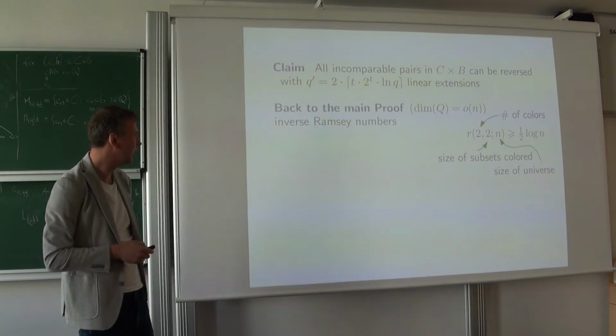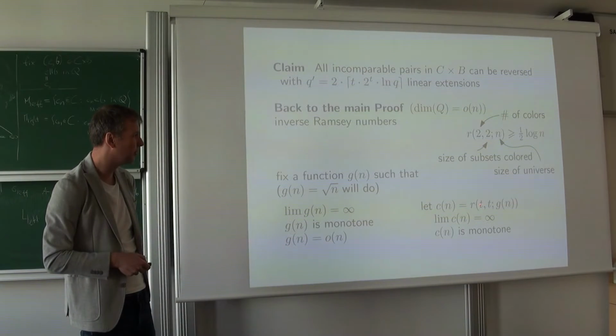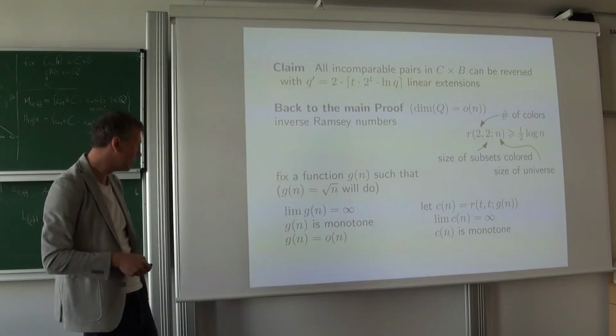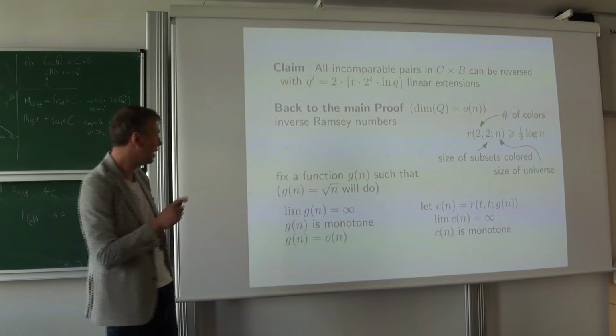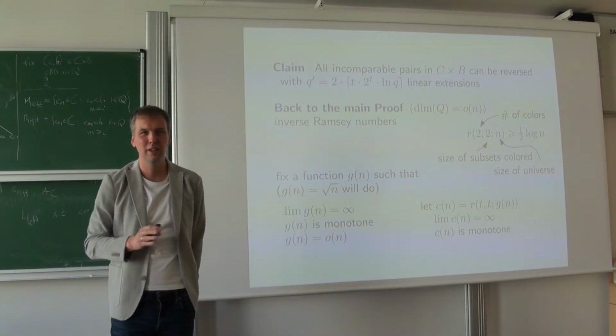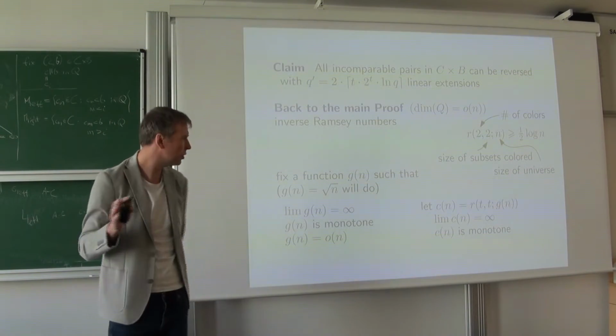Now, we are t-coloring t-subsets, yes? And now, let me get back to first. I want to fix some function g of n to make it clean. I don't need much of this function. It is almost anything.